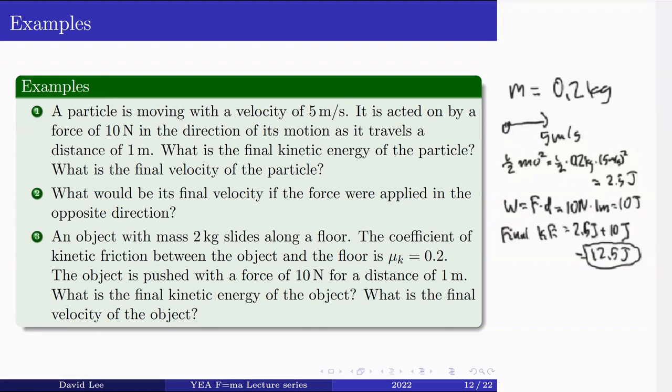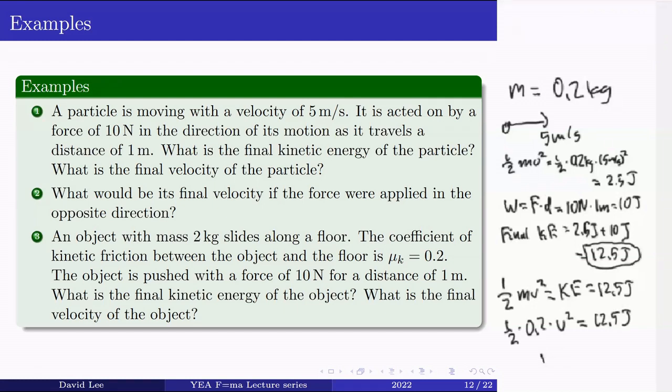And now this is why we wanted to do this in the first place. We want to find its final velocity. So how do we do that? Well, we can just use 1/2 mv squared is equal to the kinetic energy, which is equal to 12.5 joules. So 1/2 times the mass, 0.2, times v squared equals 12.5 joules.